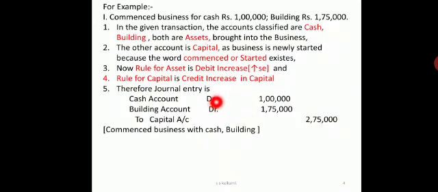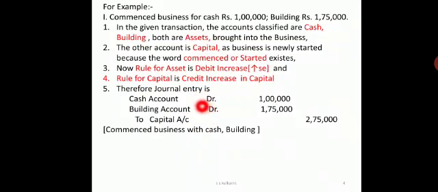Now remember students, in a given transaction you may have minimum 1 debit and 1 credit, and there can be 2 debits and 2 credits also, or 2 debits 1 credit, or 1 debit and 2 credits.